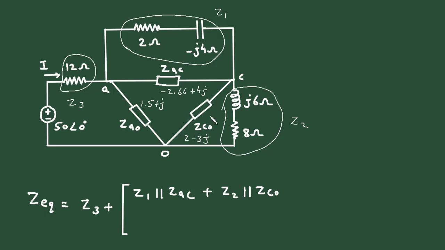Now they are both parallel with ZAO. So it will look something like this. Can erase this bigger part.